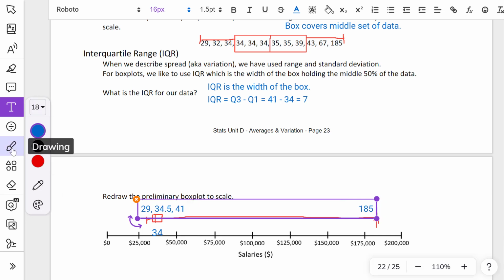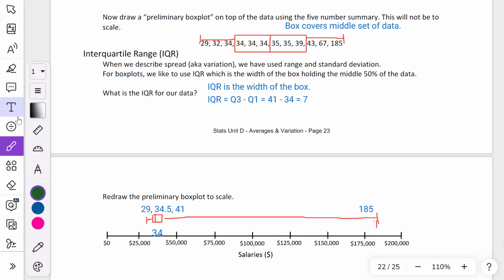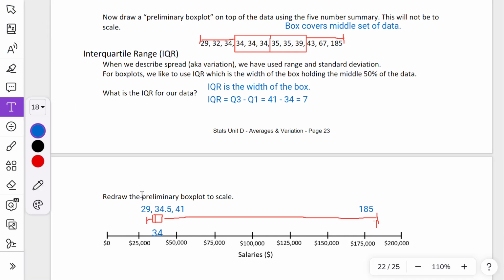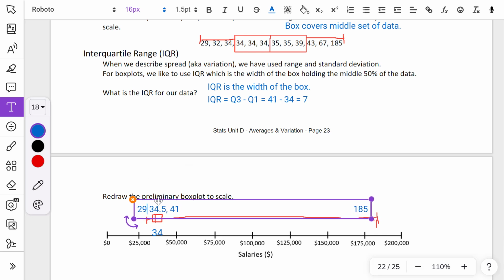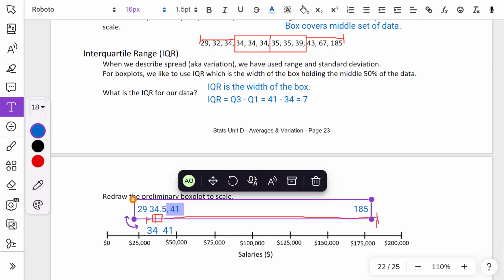So if I were to draw 29, actually I can probably space out 29 a little bit. I'm just trying to make sure this makes a little bit of sense to you guys, okay? There we go. Let's put that so it's a little closer to the numbers, and then I'm going to put the 41 down here just so it makes a little more sense. So 34 and 41 are Q1 and Q3. Let me push the 185 back out to where it belongs.